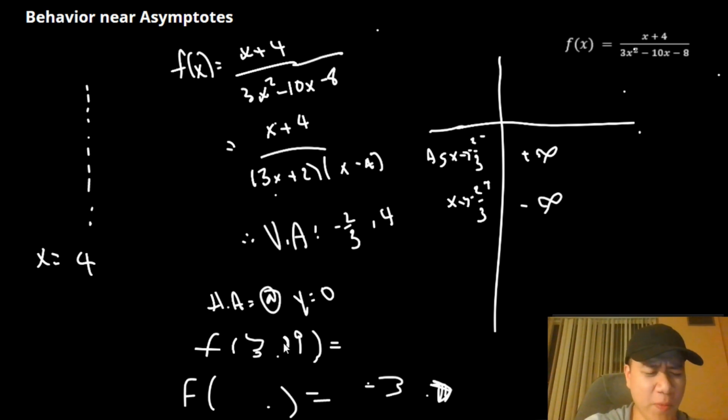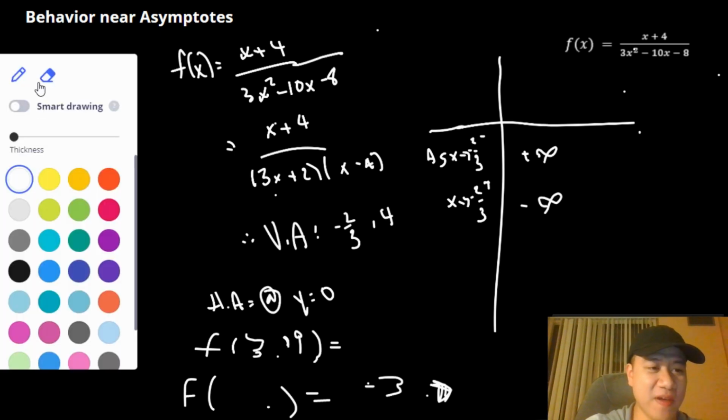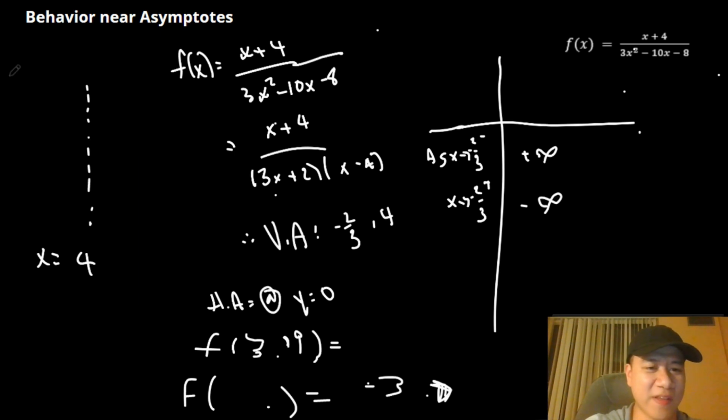So if we sub in 3.99 into our function, our thing at the very top is going to be something positive. Right? It's like 7.99, something positive. If we substitute it over here, this bracket becomes a positive number. It's like 3 times a positive number, 3.99 is positive. And we're adding another positive number, so it's also positive.